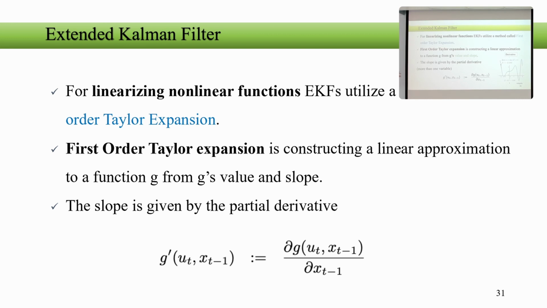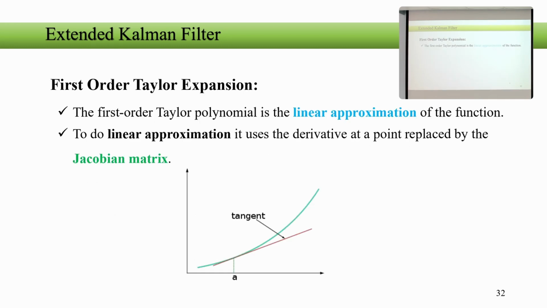So keep in mind that we have the concept of derivatives, slope and value in order to achieve it. Now, based on that, we are going to define the first order Taylor expansion.